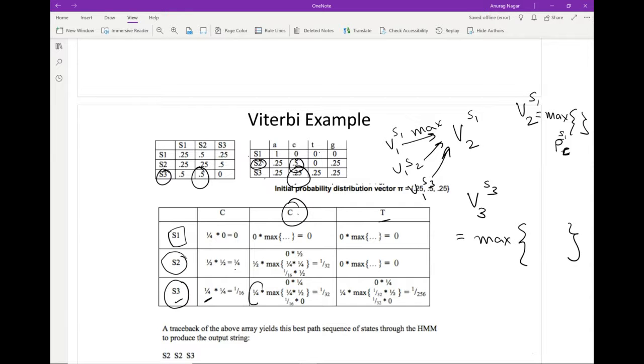That is what we have: 1 over 4 times max of three terms. So what are the three terms? Look at this jump, this jump. So max of three terms.